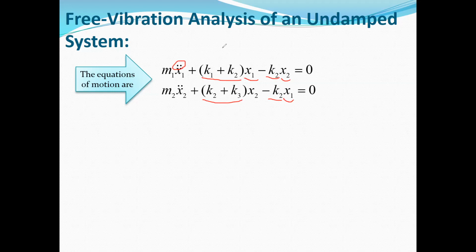And now we want to solve this equation. First of all, because this is a homogeneous system of equations, in mathematics we call them eigenvalue problems. You know, when we deal with a system of ordinary differential equations which are homogeneous, in fact we deal with an eigenvalue problem. In eigenvalue problems, we need to obtain the eigenvalues and eigenvectors to find the response.